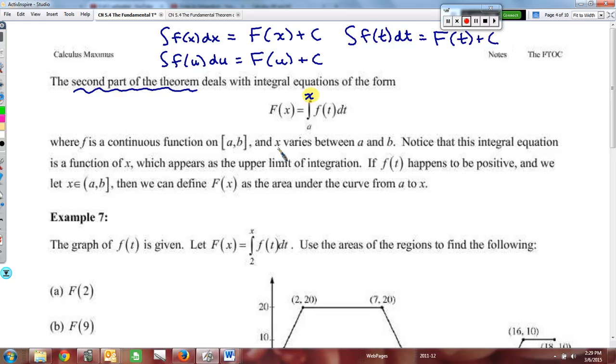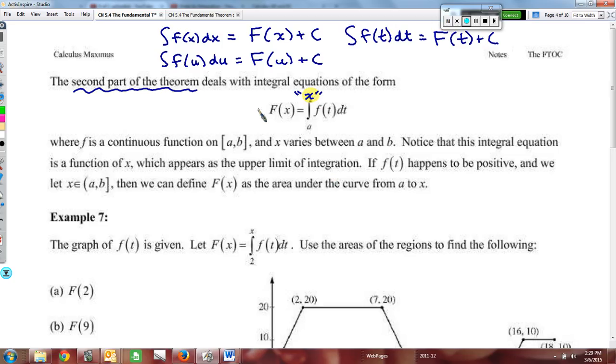So that is the only reason that we're doing f of t dt, because I have already used x in that location. Now, the second part, what we're basically doing, so instead of me finding the net change from a to b, notice now I'm finding the net change between a and x. I'm not actually going to be finding a number like I was doing before with the definite integrals. Because I am making the upper bound of my integration a variable, I will end up with a function of x, because it will depend on what this x is.